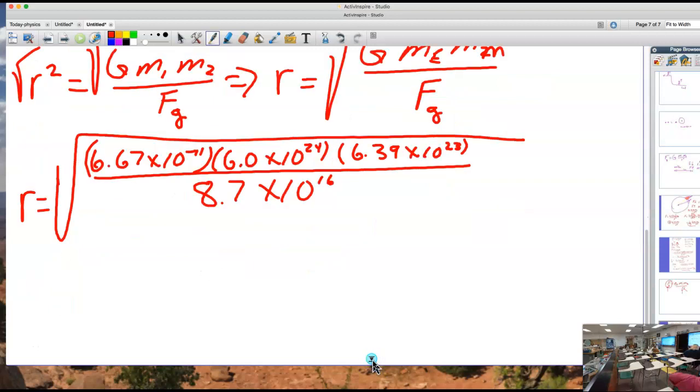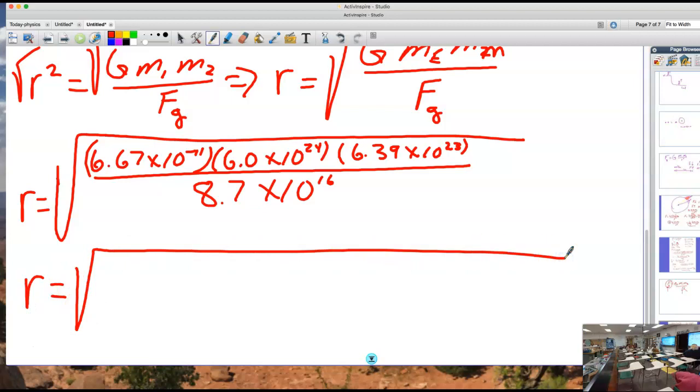Everything we need. So r equals the square root of, shall we do all the top? Those are the 6.67 times 10 to the negative 11 times 6 times 10 to the 24th times 6.39 times 10 to the 23rd. You don't add them again, because with the parentheses, these are multiplications, right? So we're multiplying those numbers.